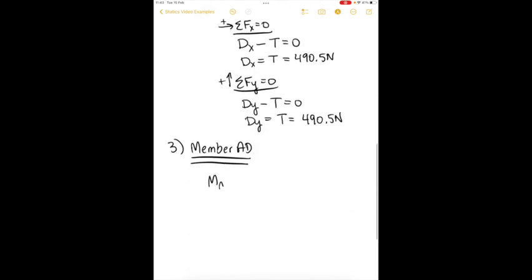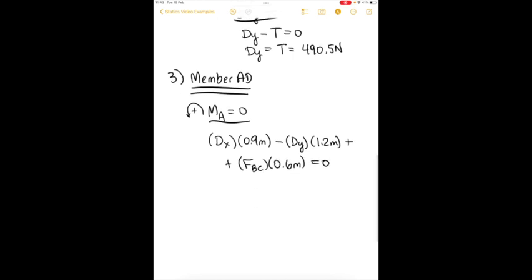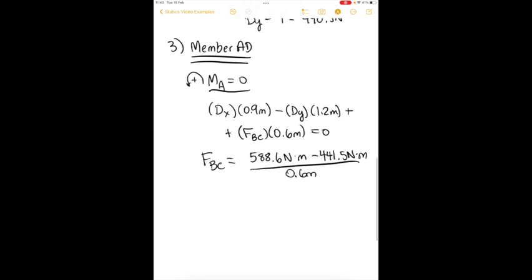So if we choose the point A and do the moment about it, it allows us to ignore the reaction at pin A, and we can solve for the force BC. When we solve for force BC, we find it's 245.3 newtons.